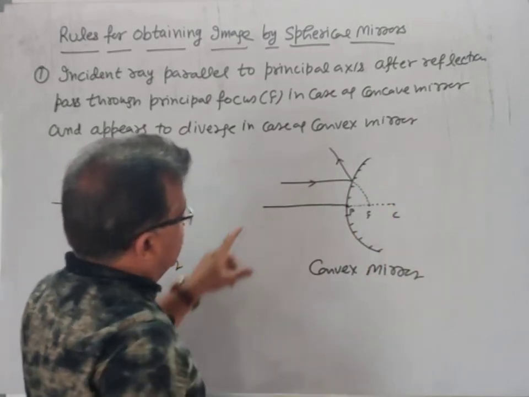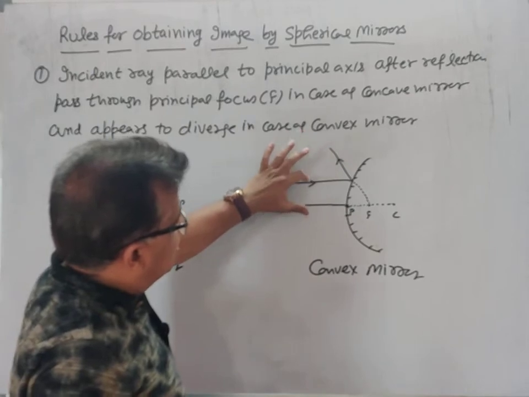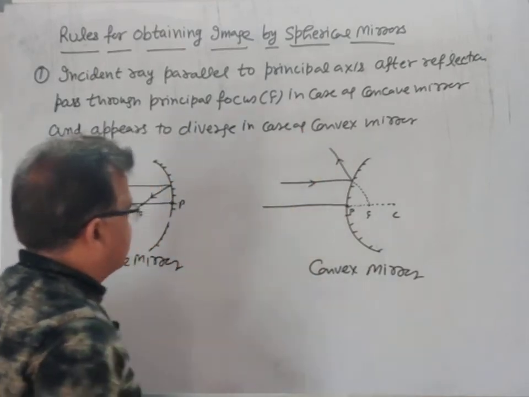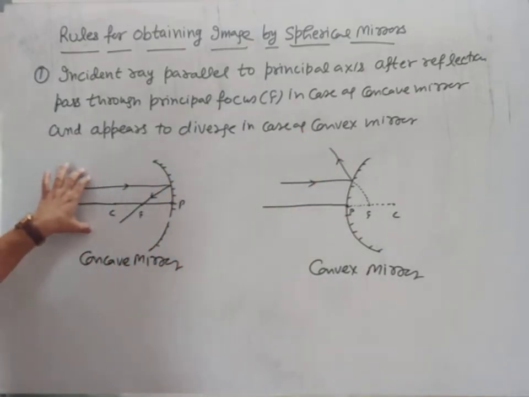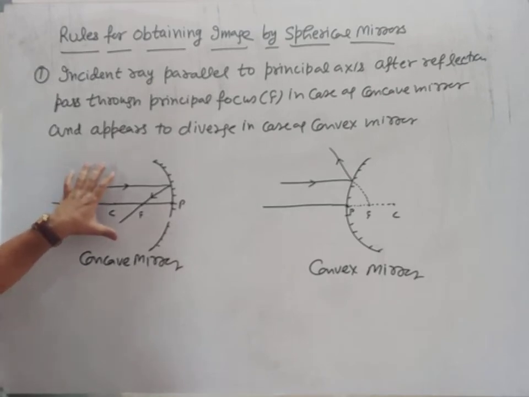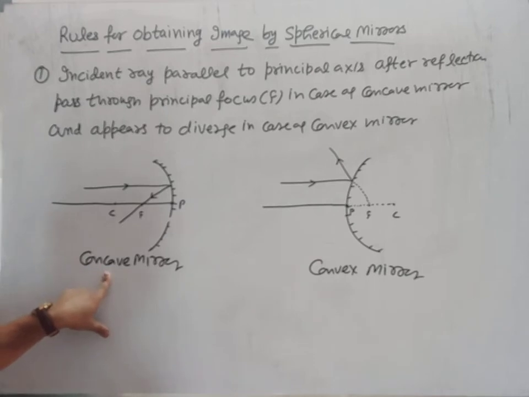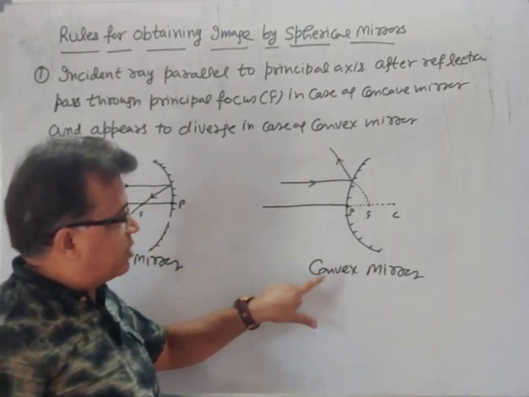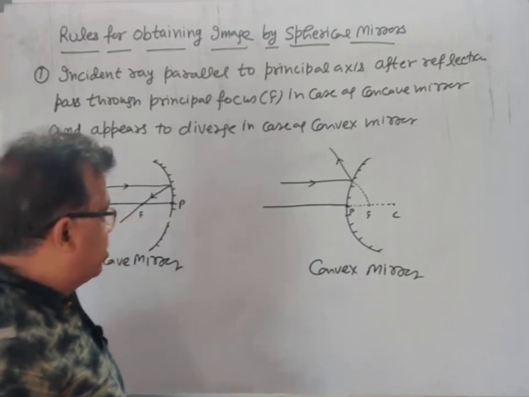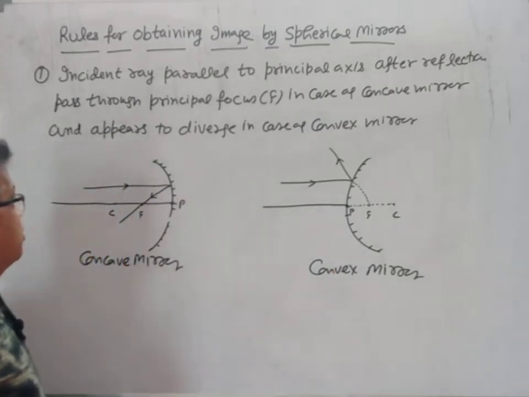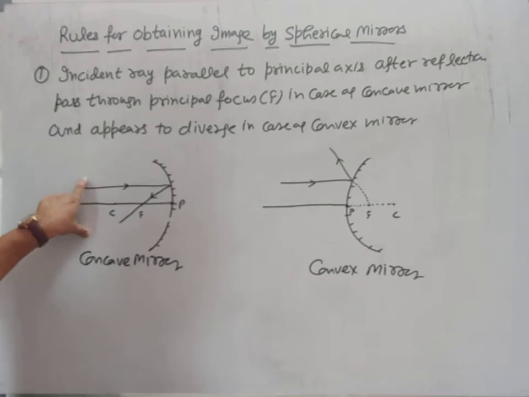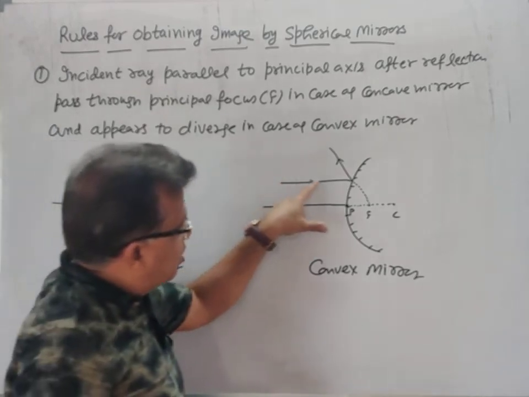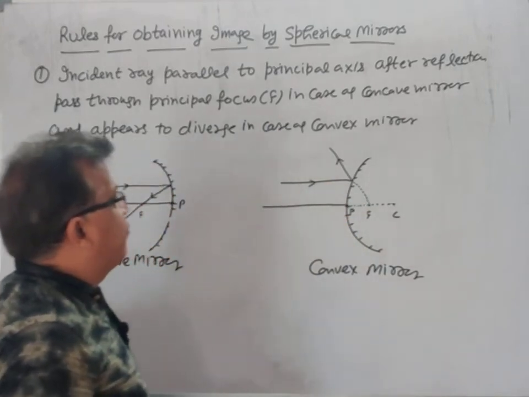So it is because it is diverging, therefore we say it appears to diverge. Because here rays converge, this mirror is known as converging mirror. And here rays appear to diverge, therefore convex mirror is known as diverging mirror. So this is the first rule. Incident ray parallel to principal axis, after reflection either passes through F or appears to pass through F.